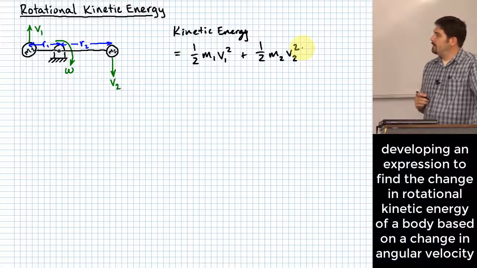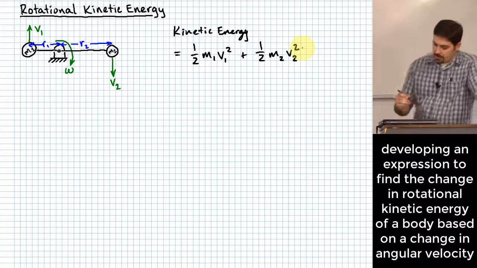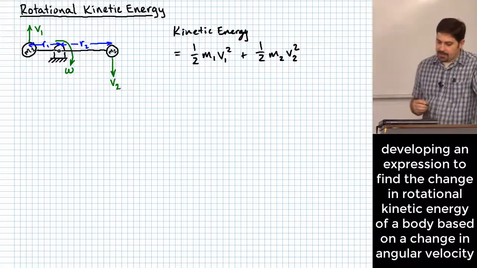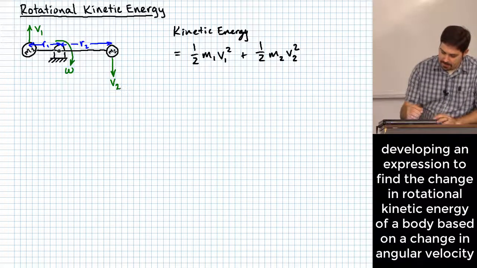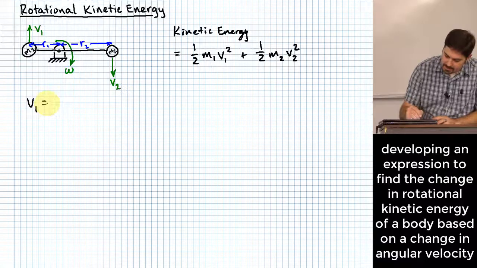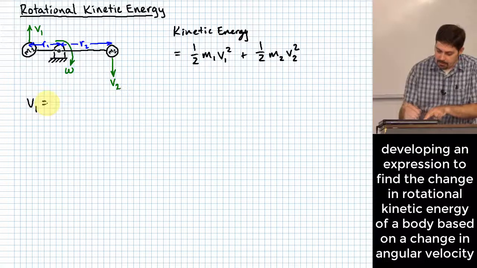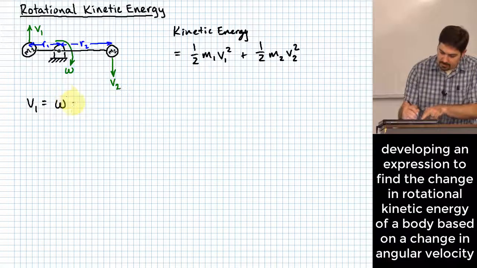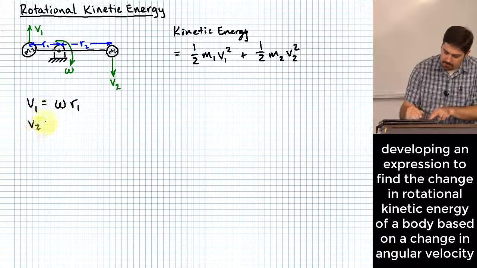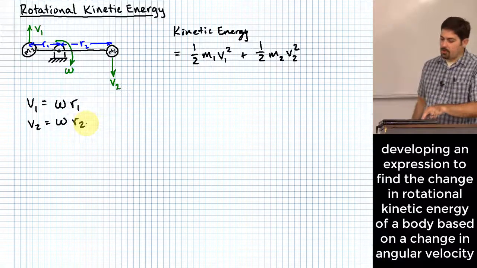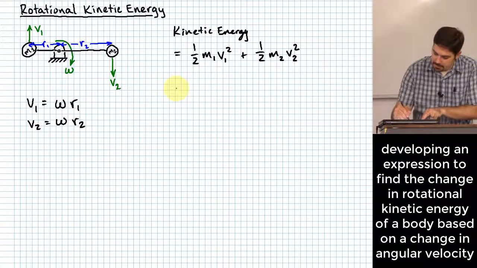What's also good here is that I can relate V1 and V2. V1 is going to be equal to omega times R1, and V2 is going to be equal to omega R2. So I can do a little substitution there.